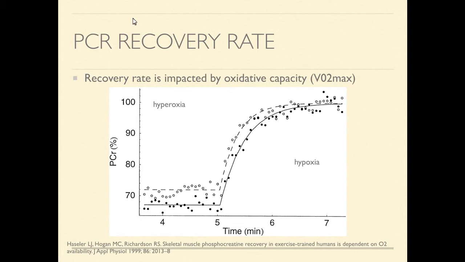If you put someone in a hypoxic state, which is the lower end of this graph, the dark line, it takes them much longer to recover their phosphocreatine source. If you put them in a hyperoxic state where oxygen is more available, they recover PCR levels faster. And we know that there's a large relationship between, for example, VO2 max, or maximal oxygen capacity, and the ability to recover phosphocreatine source.